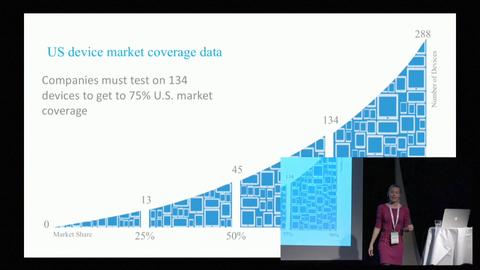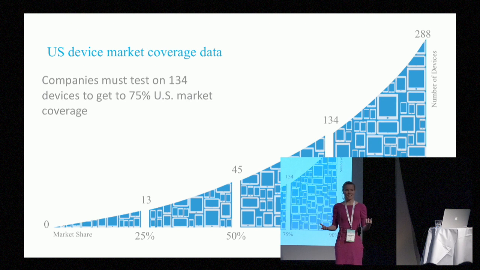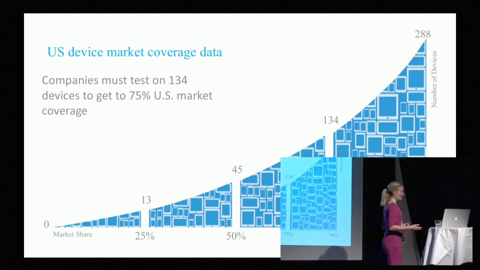So if you're doing manual testing, you would have to buy or rent 134 devices, and then you would have some poor person sitting in a room running through your app at least 134 times. This does not sound very efficient to me. And it actually sounds really expensive as well. So let's take a look at how we can automate this.